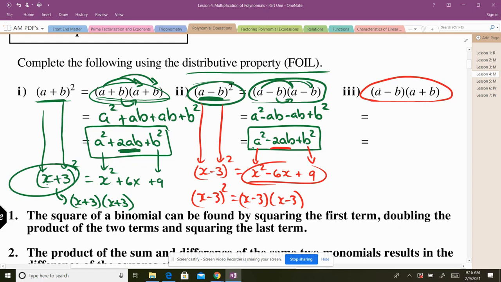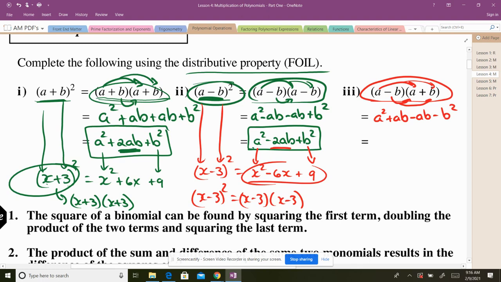If I multiply these together, a times a, I get a squared. a times b, I get ab. Negative b times a is negative ab. Negative b times b is negative b squared.